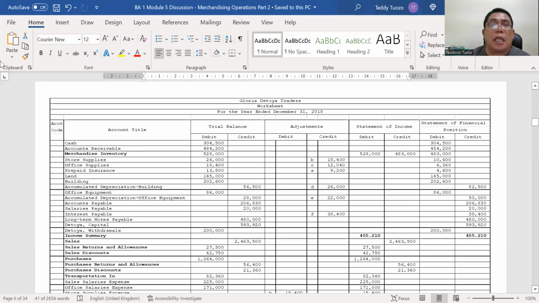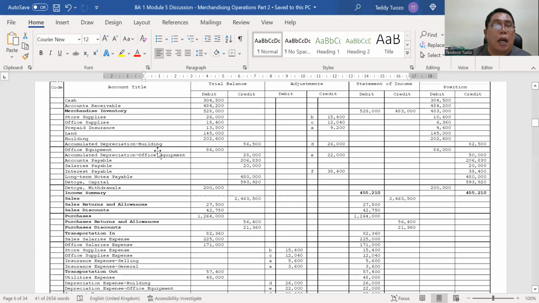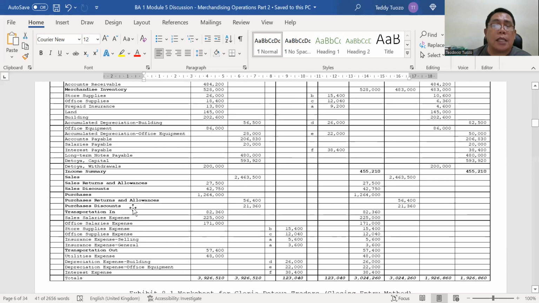And here, this is an example of a worksheet of Gloria de Toya Truck Traders, no? If you notice, the sales discounts, the income summary, those that are highlighted or in bold, class, are new accounts in comparison with service, the first part of BA1. So these are the new accounts.